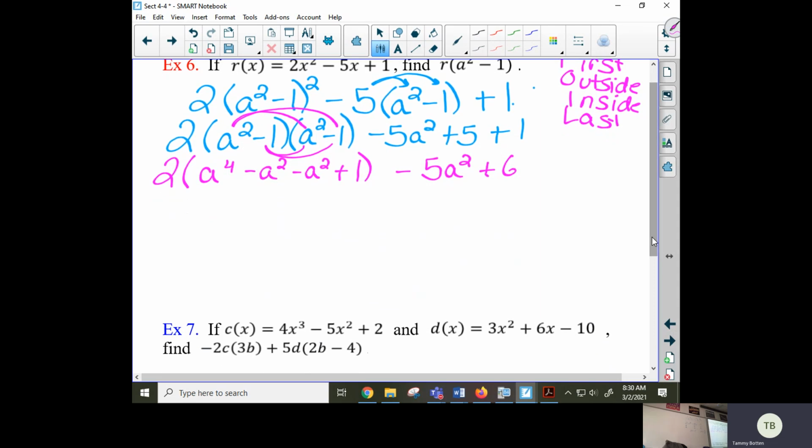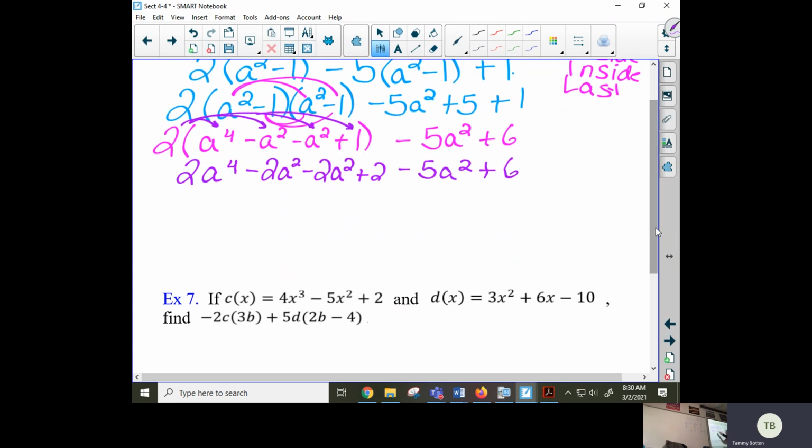Okay, now what I'm going to do is distribute this 2. I could have combined these 2 first, but that's okay. I'm just going to distribute it. 2 times a to the fourth is 2a to the fourth minus 2 times a squared is 2a squared minus 2a squared again plus 2. And then I'm going to copy this down. Minus 5a squared plus 6.